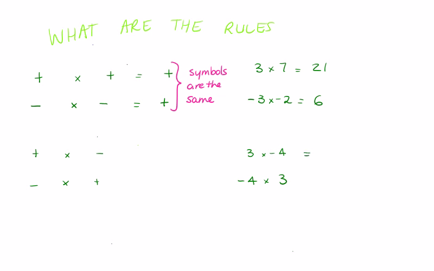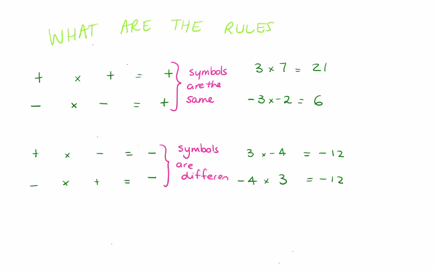So this is the rule. If you have one sign's positive, one sign's negative, I think you can have a guess. The answer is going to be negative 12. So if one sign's positive, one sign is negative, our answer is negative. So if we have symbols are different, then our answer is negative.